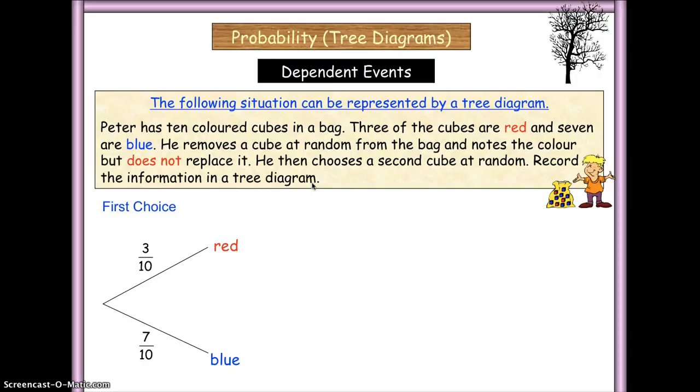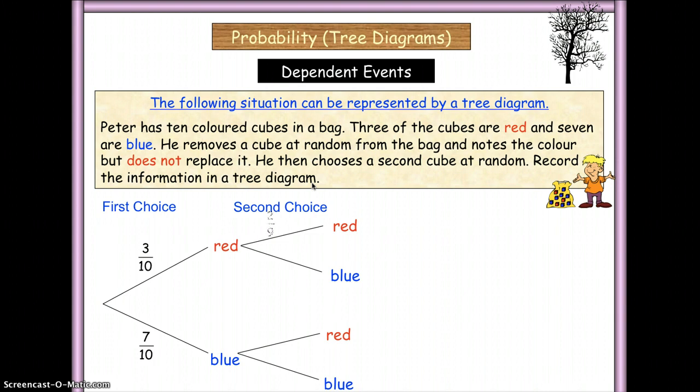But because he does not put the cube back inside the bag, on the second choice, that means he does not have 10 cubes anymore inside the bag. So on the second choice, you still have a red and blue. For the red, it's 2 out of 9 because you assume that on the first one, this is the case for the red. So there are only 2 reds left.